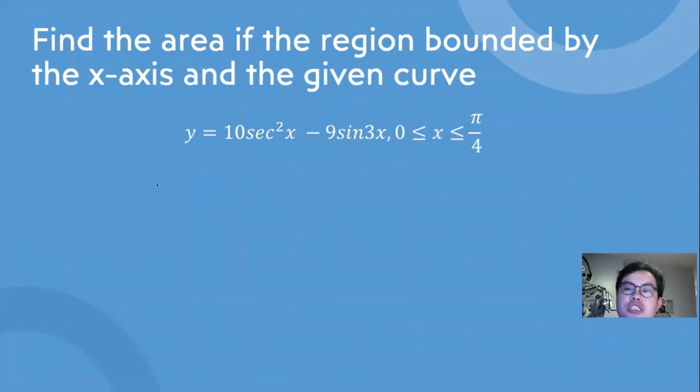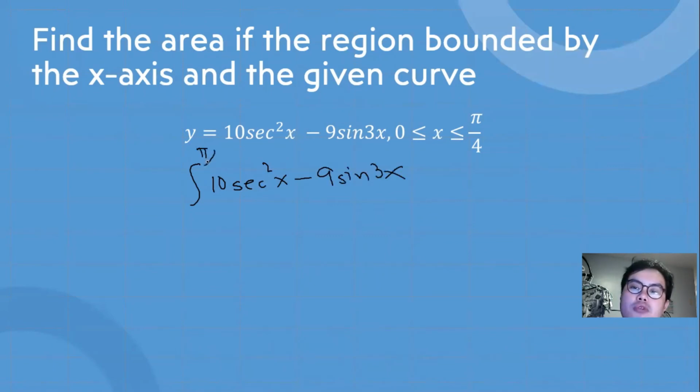So, same procedure din po. So, i-integrate na natin po si 10 secant squared x minus 9 sine 3x. So, yung boundaries niya is pi over 4, then 0. Okay, so ang gagawin natin dito is, we're going to find the antiderivative. So, yung antiderivative ng secant squared x will become tangent x, 10 tangent x kasi 10 yung coefficient niya.